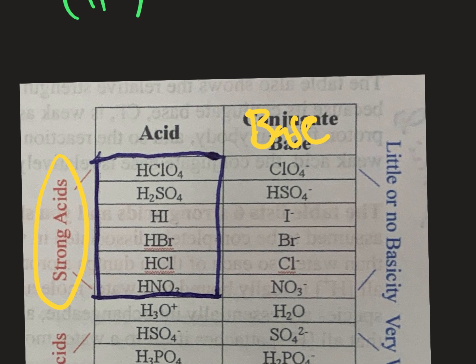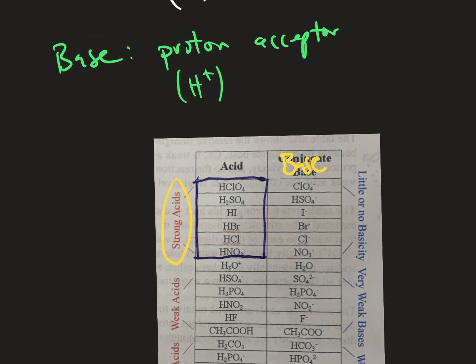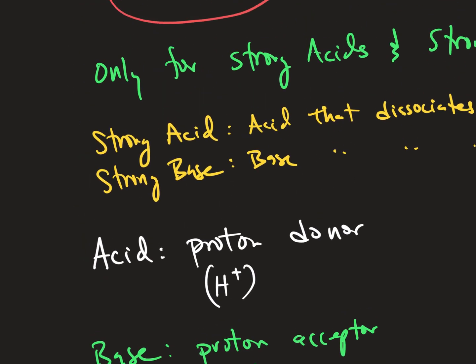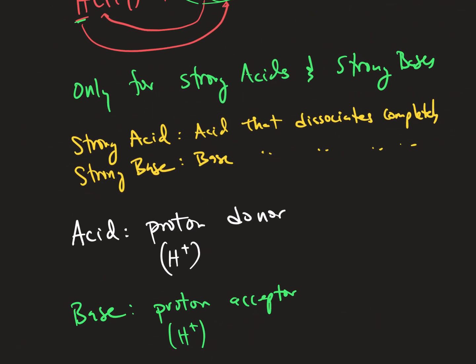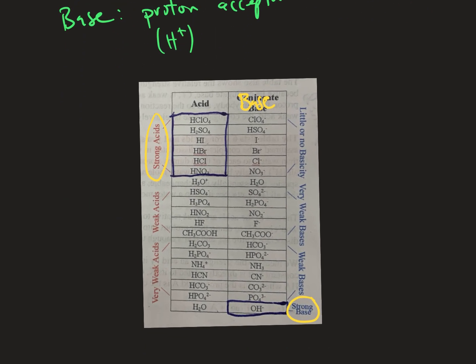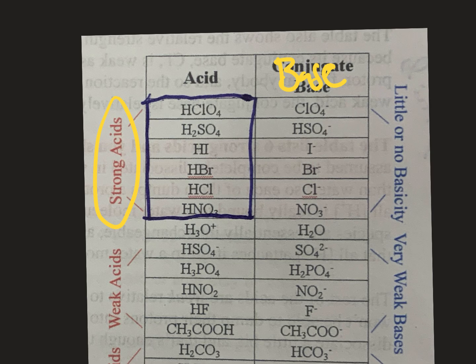So let's take a look at strong acid base. Here we go. A strong acid or base is one that dissociates completely, right? So if we go back to this list, does that dissociate completely? It has to if it's a strong acid. Why does it? Because perchlorate is one of our ions that is soluble, no matter what, right?